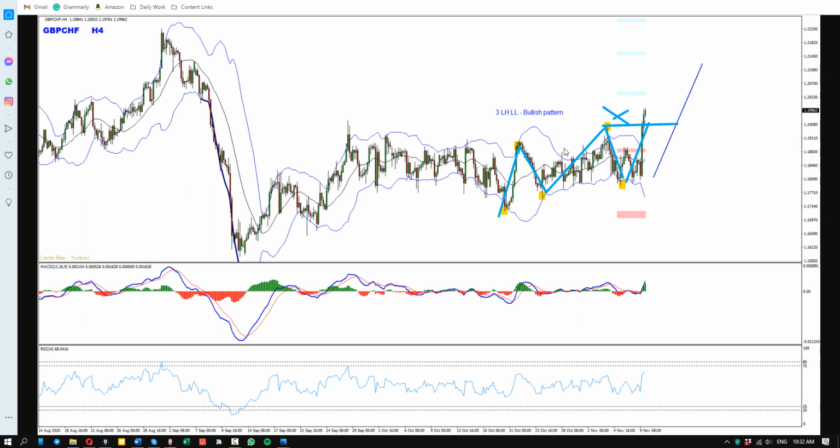So what happens here is we recreate a pattern of 3 higher highs and higher lows. Why is it important? 3 higher highs and higher lows happen in a bullish momentum, in a bullish market. That's how bulls show us their control, when they manage to create higher highs and higher lows.